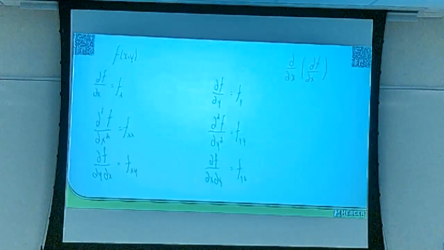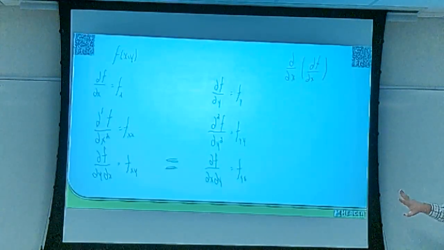You're like, yeah, that's magic. Because of Clairaut's theorem, the order in which you take a mixed partial does not matter. Okay, that would be equal. So these two are actually identical. The order in which you take it doesn't matter. They're the same. So you have 4 second order partials, but only 3 of them are distinct.